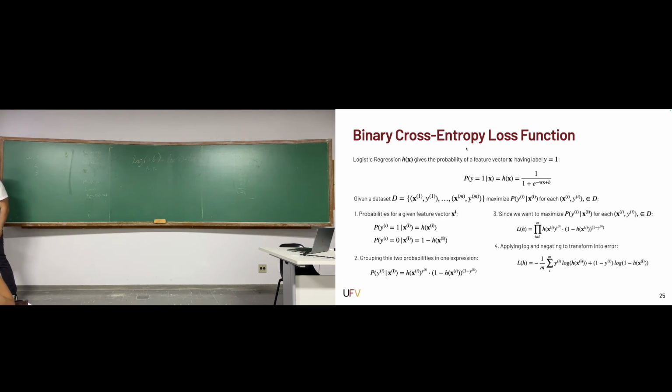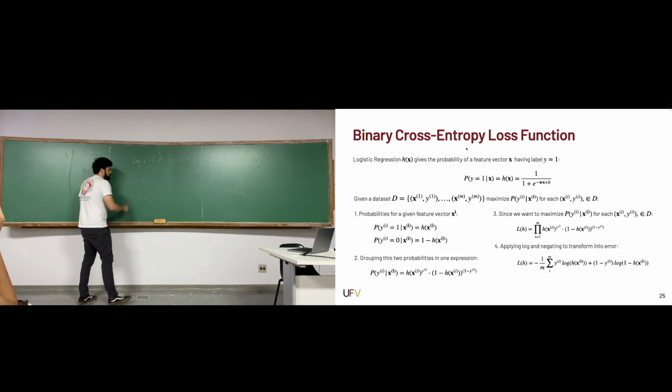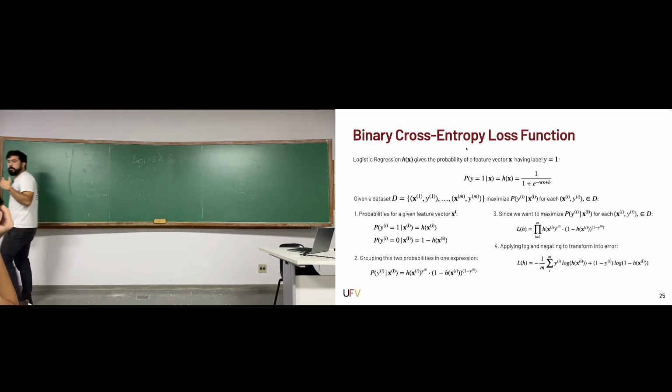And then I'm adding a minus here, because remember, a probability is a value between 0 and 1, and the log of numbers between 0 and 1 is negative. So I need to put the minus here.